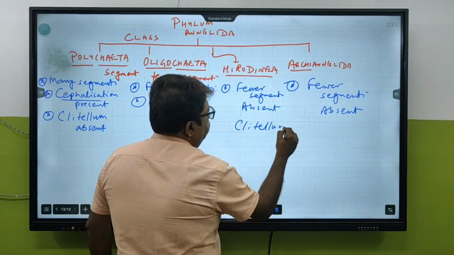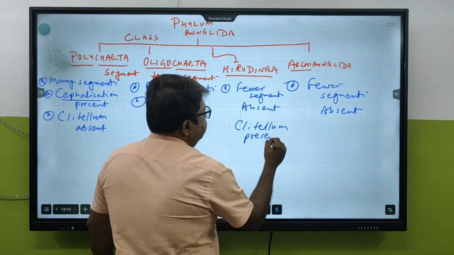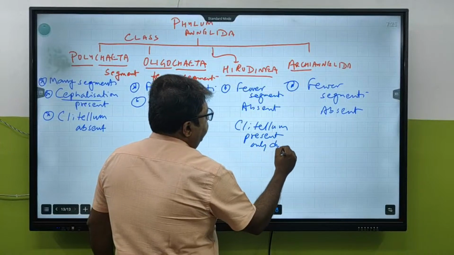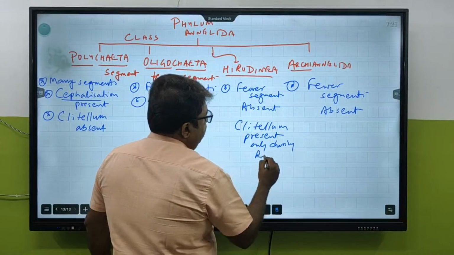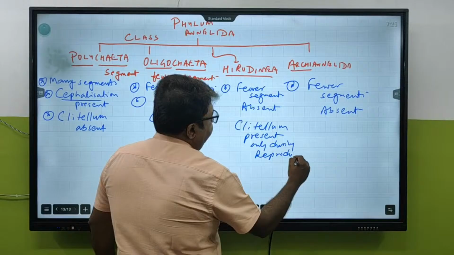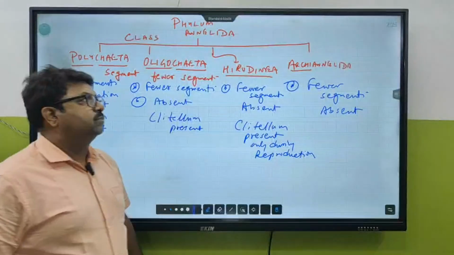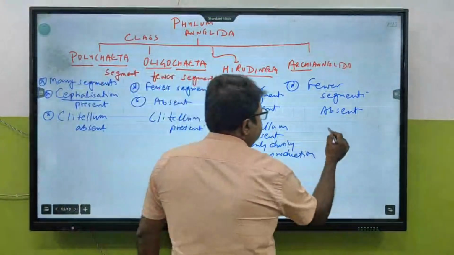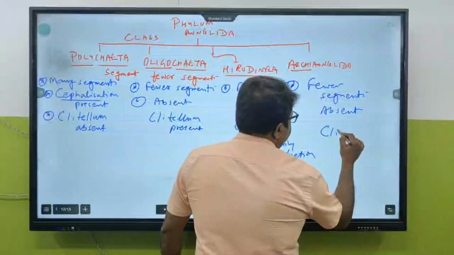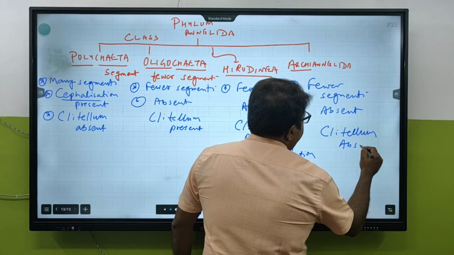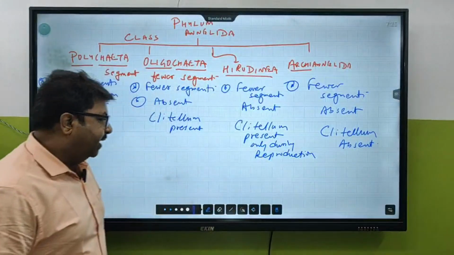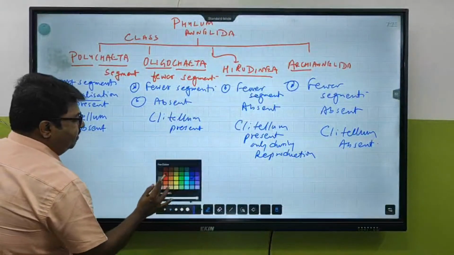Over here, clitellum is present only during reproduction. Only during reproduction. What about Hirudinea? Absent. Clitellum absent. Clear? Let us get into the examples of it.